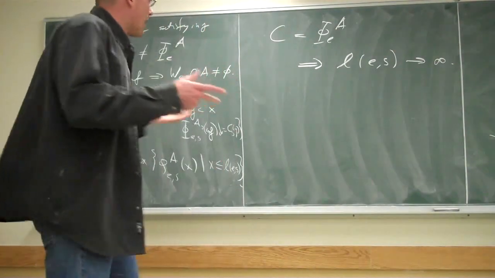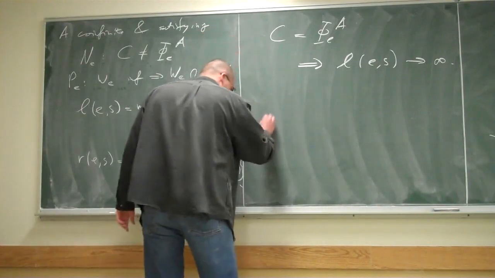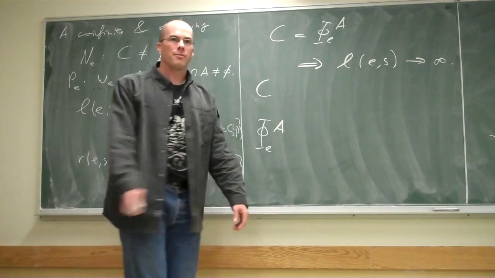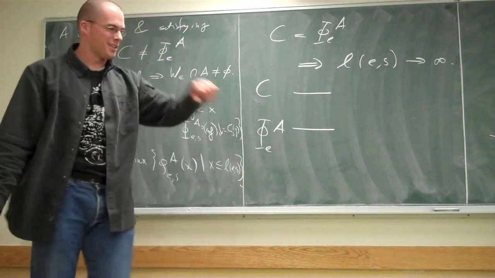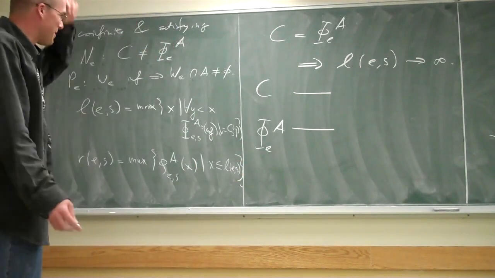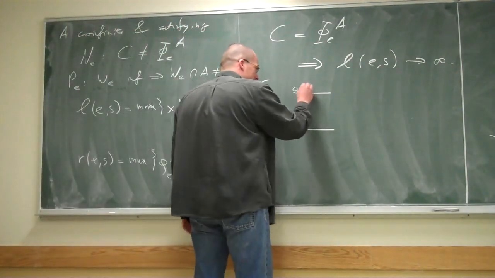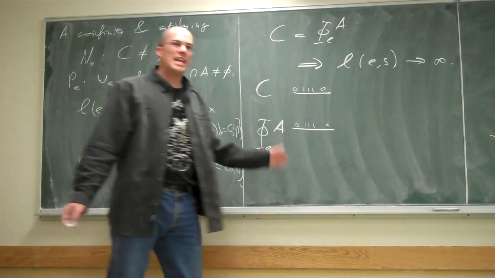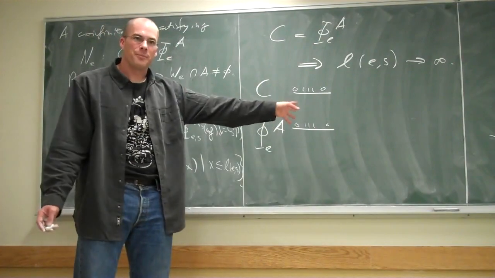But now, what happens? We have the phi E of A side and the C side, and they agree for a little bit. This picture is probably going to be bad, but I'll do my best. These are initial parts of the characteristic function, and they agree for a while.